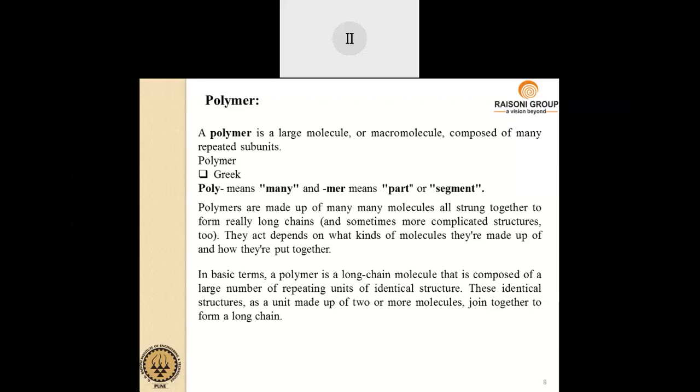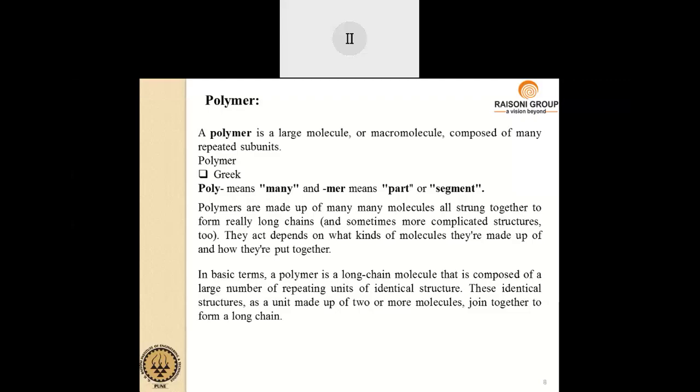To make a long chain, we put these molecules together and they form a long chain, and generally this is how a polymer is made. So these identical structures as a unit, made up of two or more molecules, join together to form a long chain.